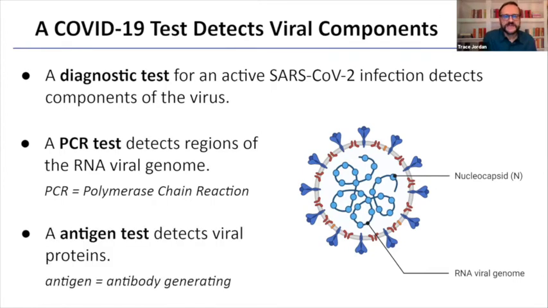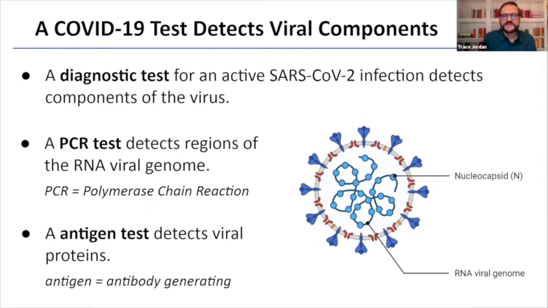An antigen test detects viral proteins. An antigen is shorthand for an antibody generating molecule. In essence, any molecule from a foreign invader, such as a virus, which initiates an immune response by the body.